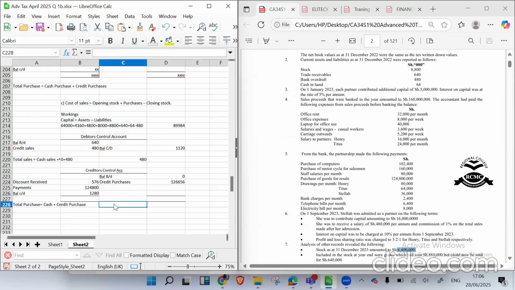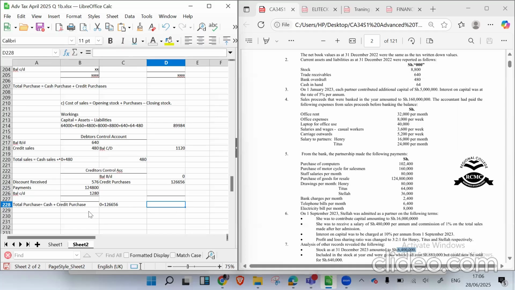Cash purchases tumepewa kweli? I thought hizo ndio tungepick kama cash purchases. Hizo 128. Is it 124,800? It makes no difference. Okay.